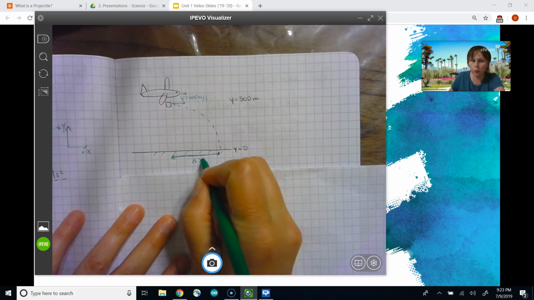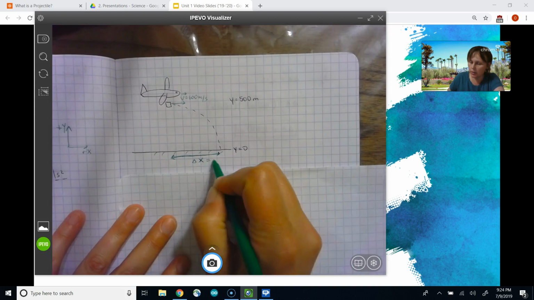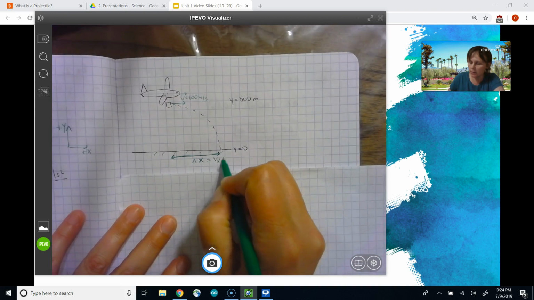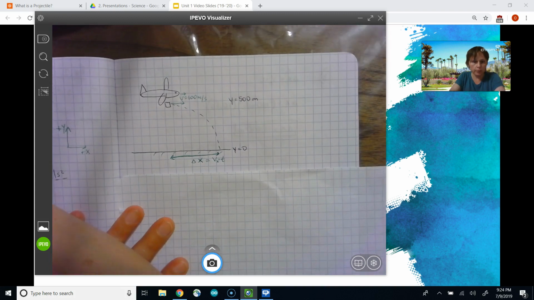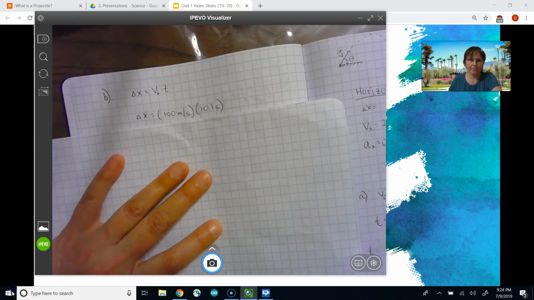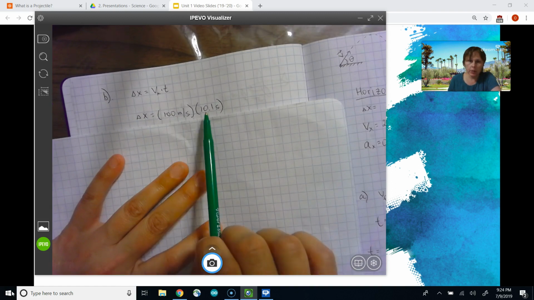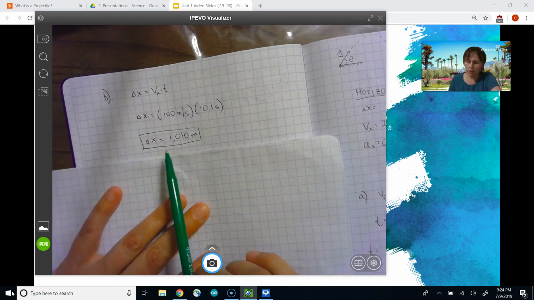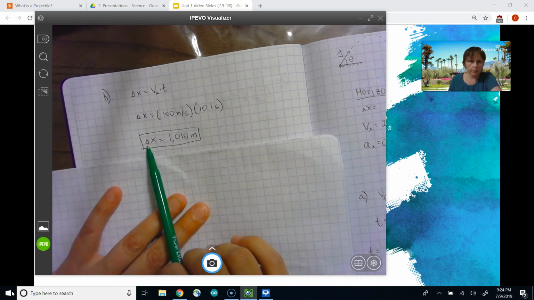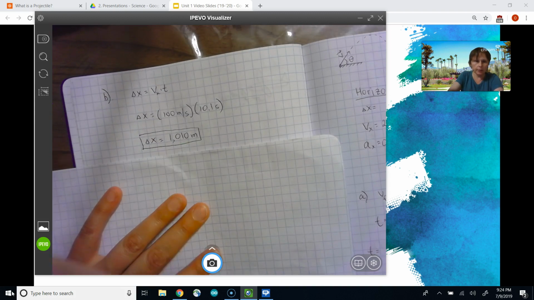To consider horizontal motion, delta x is going to be equal to Vx times t, and the time is the time that we just found. So after plugging in the numbers, 100 meters per second and 10.1 seconds, we find that delta x equals 1010 meters.